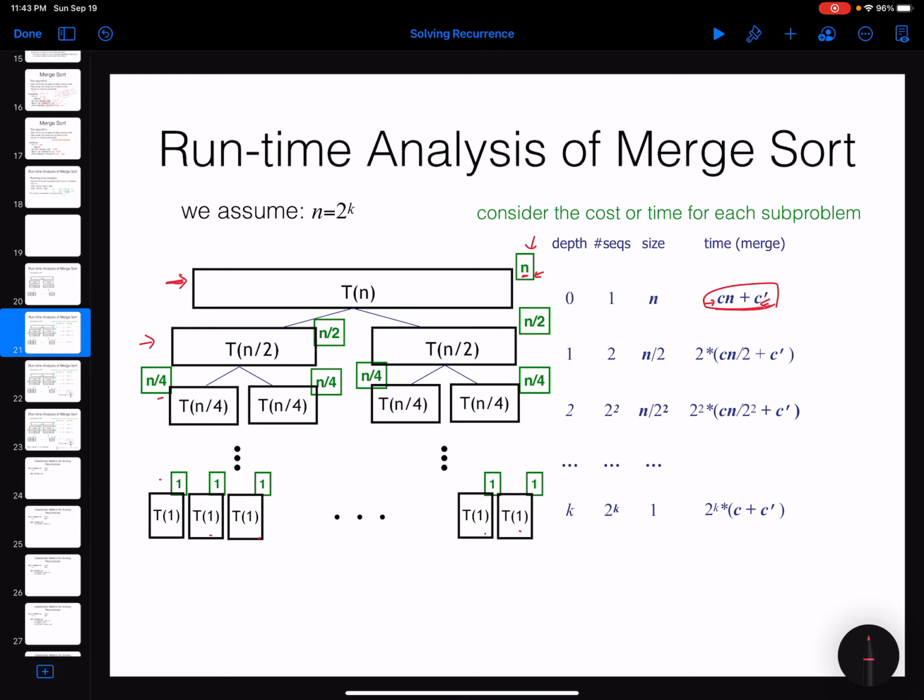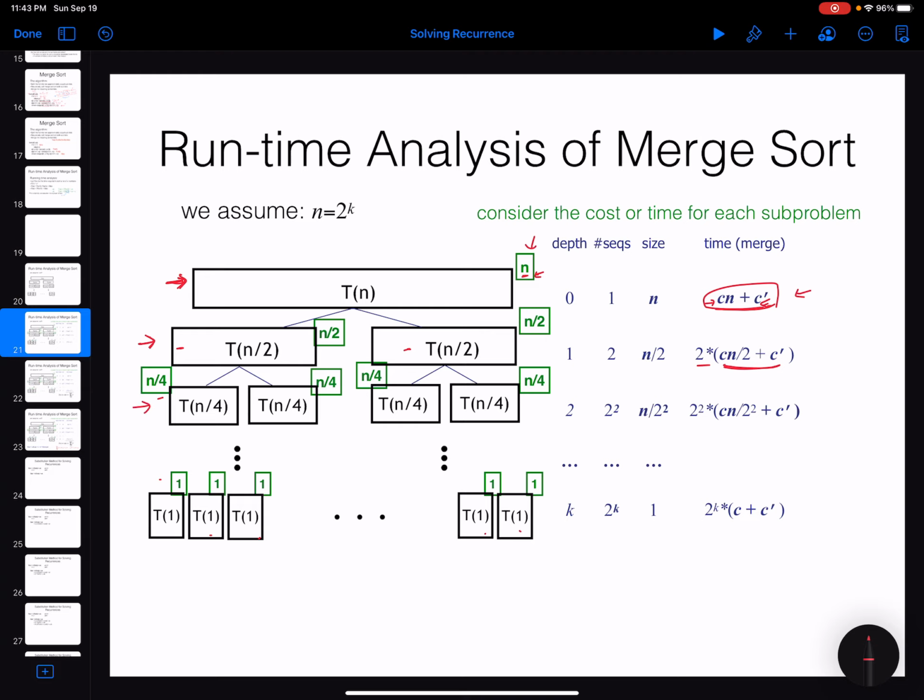At this level I have just one node in the tree, and its cost is going to be Cn plus C prime. The cost in this level is going to be the cost of this box and the cost of this box. So the summation is the cost of each of those boxes, and I have two identical boxes in that level, right? That's why I'm multiplying it by 2.